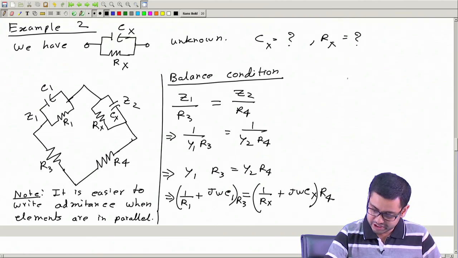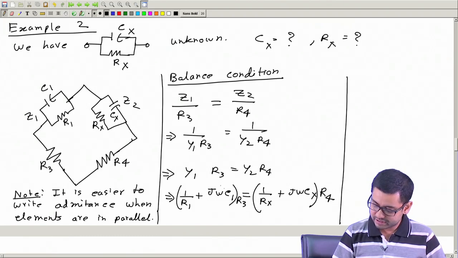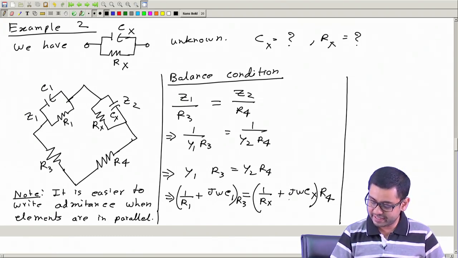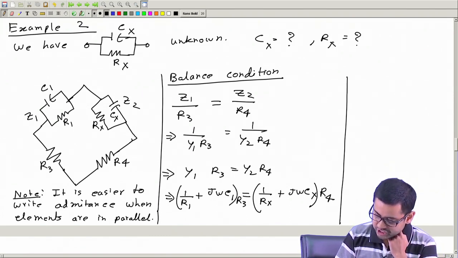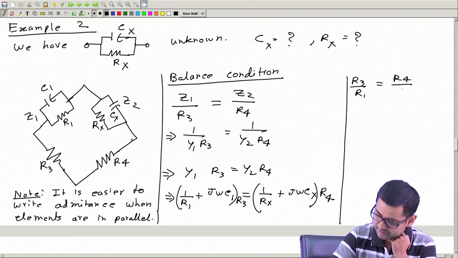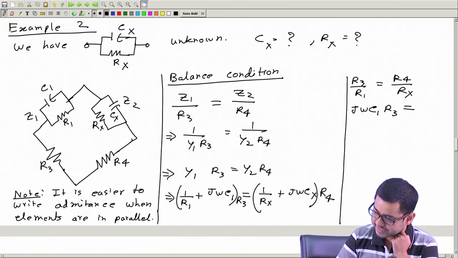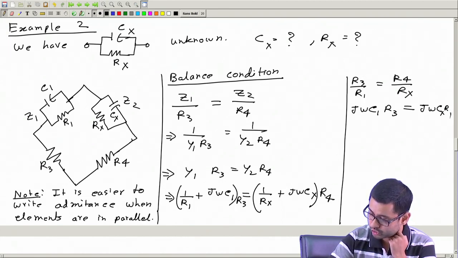Okay. Now, from this you see it is very easy to equate the real part of left side to the real part of right side, and similarly the imaginary part of left and right sides. So, we can write the real part, which will be R3 by R1 same as R4 by Rx, and the imaginary part, so j omega C1 R3 equals j omega Cx R4, sorry.